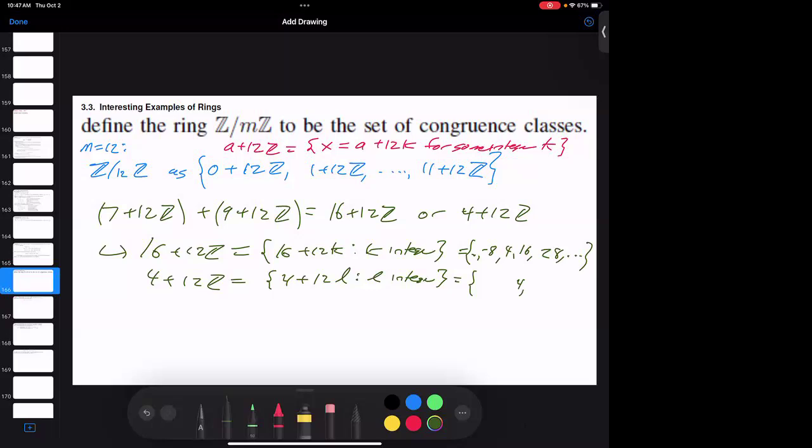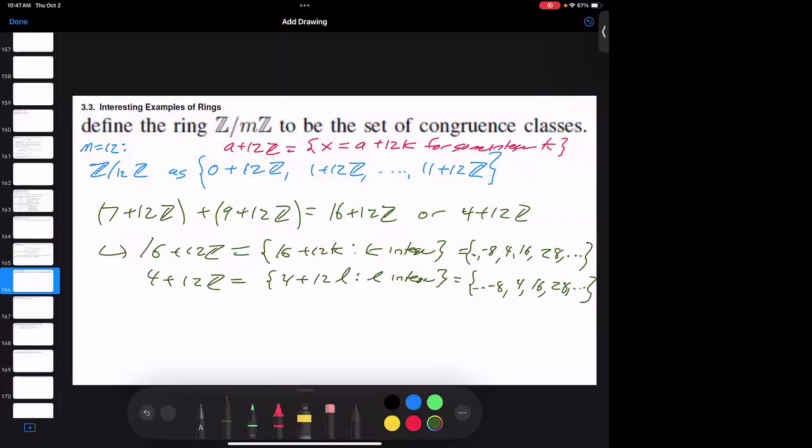If l equals 1, I get 16. If l equals 2, I get 28. If l equals -1, I would get -8. These two sets are the same. All numbers of the form 16 plus 12k and all numbers of the form 4 plus 12l are the same numbers. I've just written them differently.